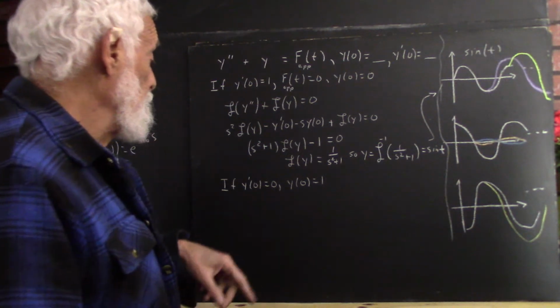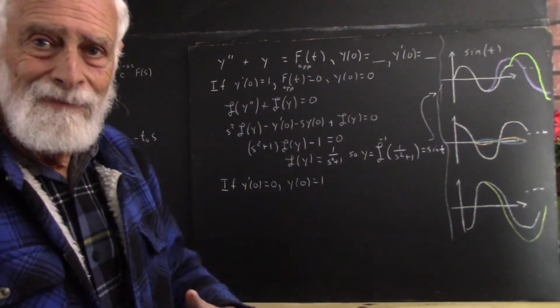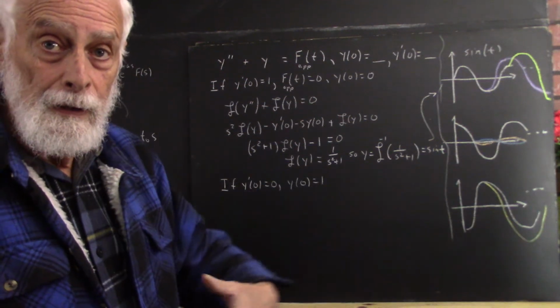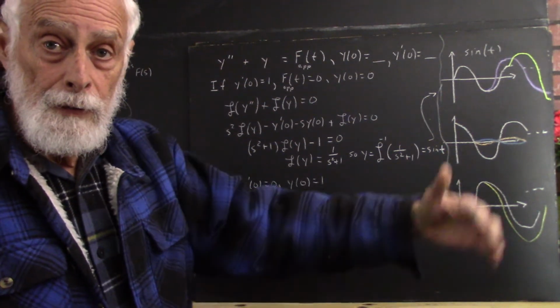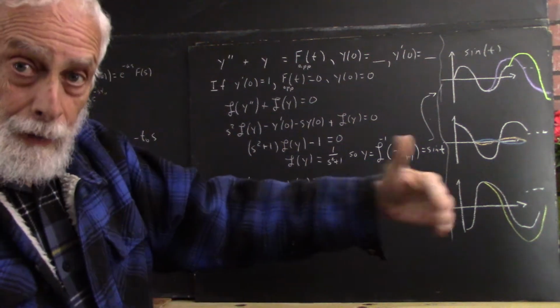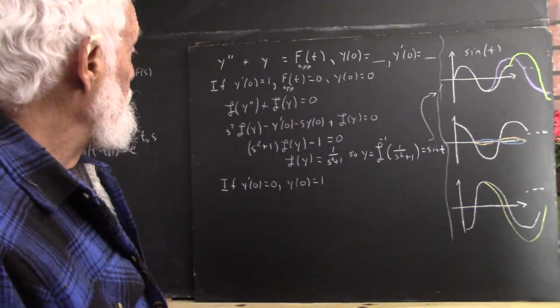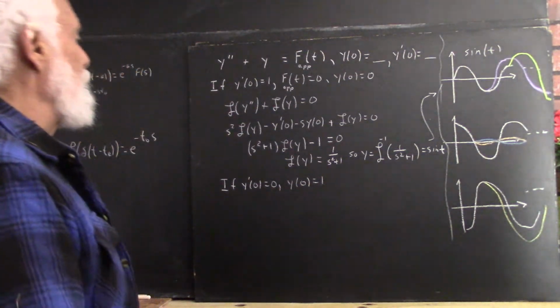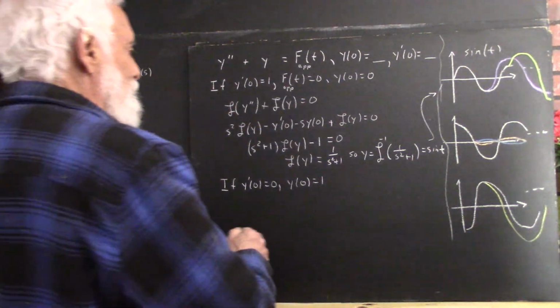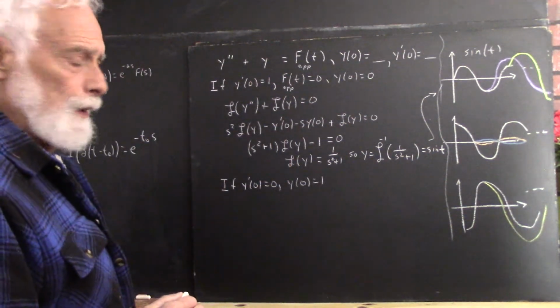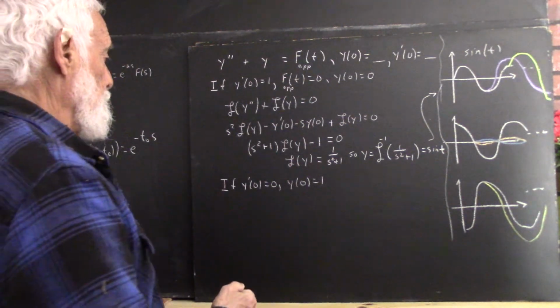And y prime of 0 is 0, means it's stationary or stopped at that point. So maybe it's been oscillating and you start your timer when it gets here. Okay? When it gets to this point. That's your t equals 0 instant. Well, this makes y of 0 1 and y prime of 0 is going to be 0.